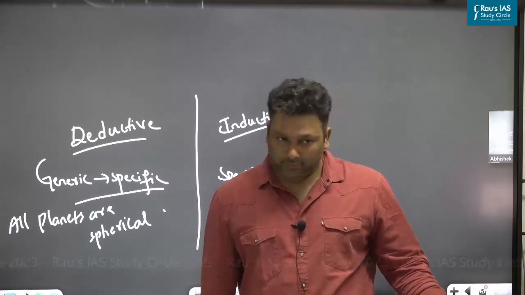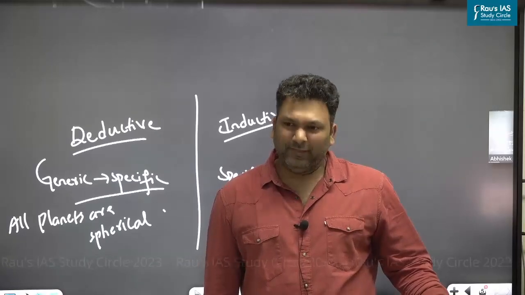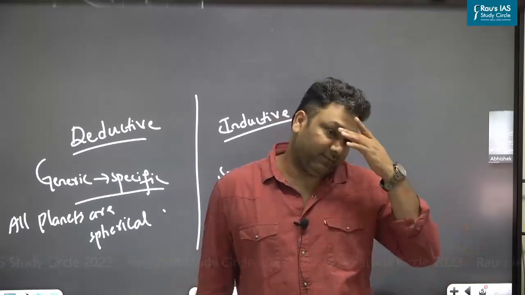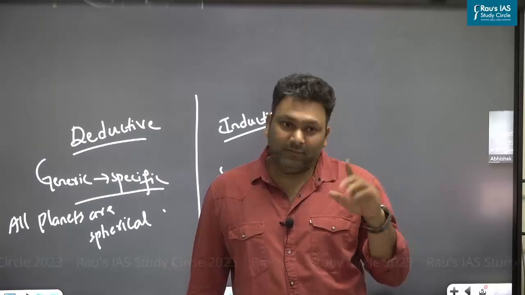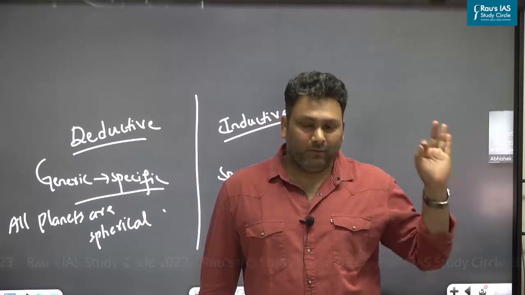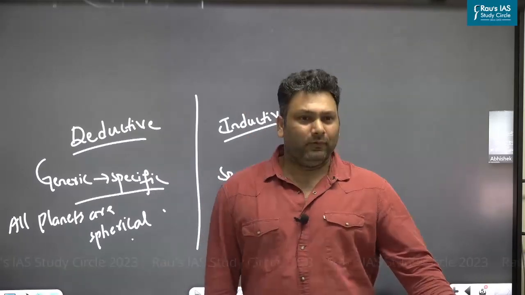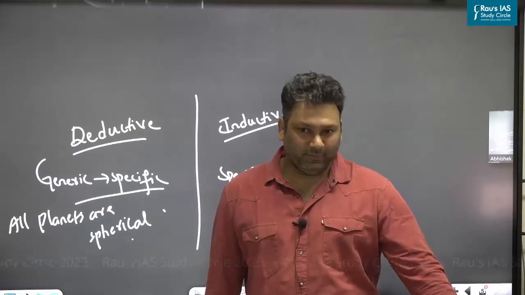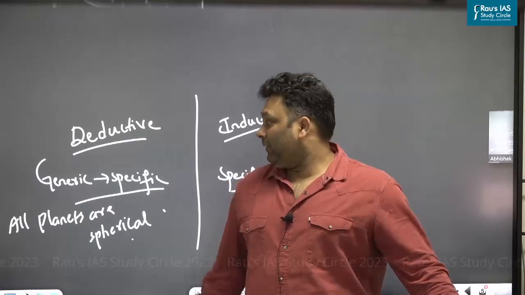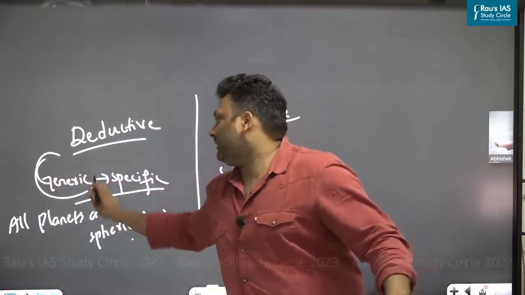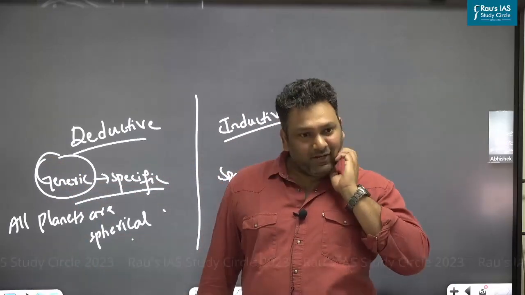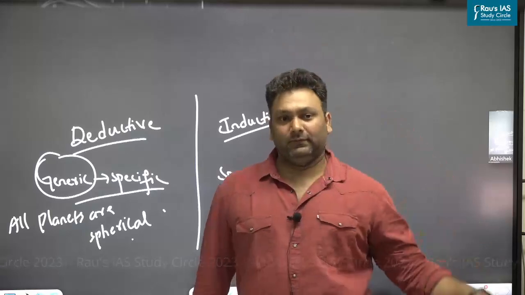The basis is you've seen Earth and you've seen the other 7 planets which are in the solar system. On that basis, you're saying that all the planets are spherical. So you're making a generic statement and then you're applying it to the specifics.